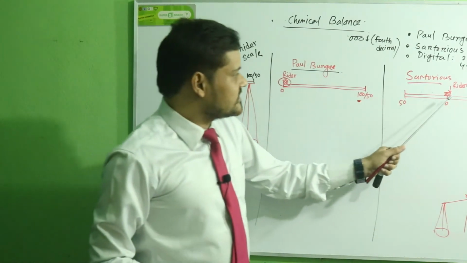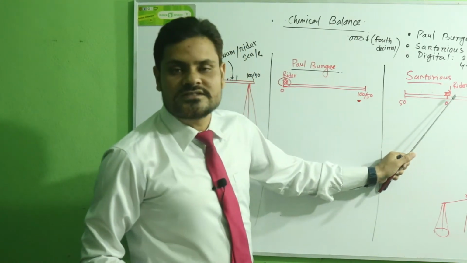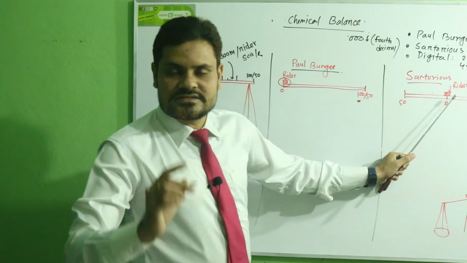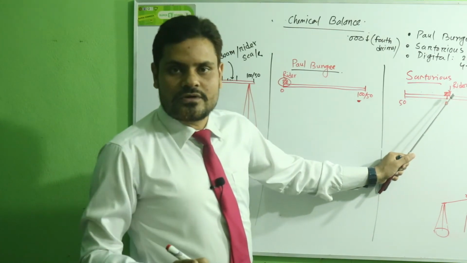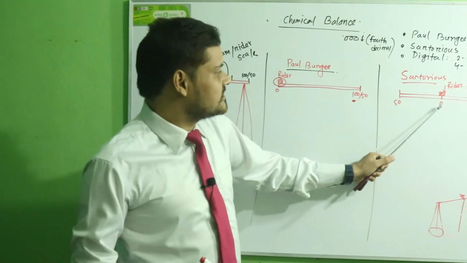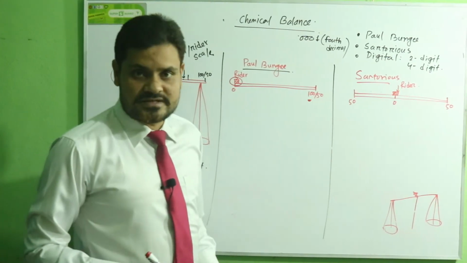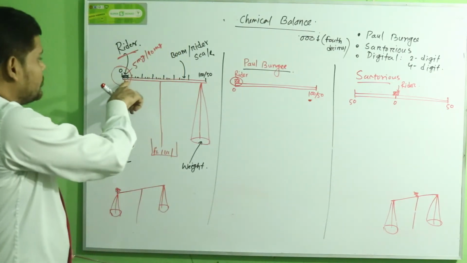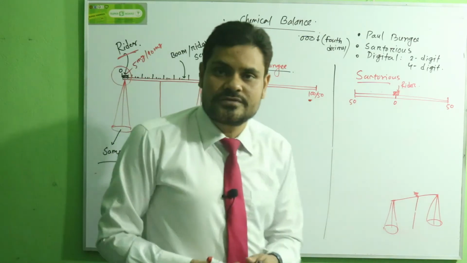And here look at the rider for the Sartorius balance. The rider is always on the 0 point, but the 0 point of the Sartorius balance is in the middle. Here this is the rider, a small piece of wire.